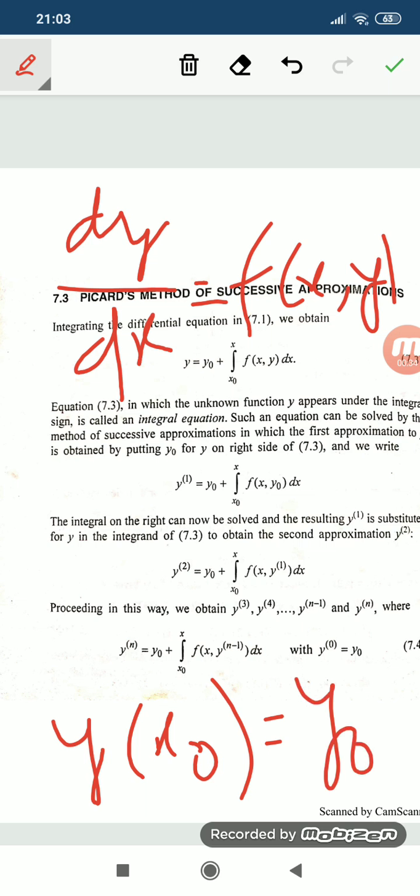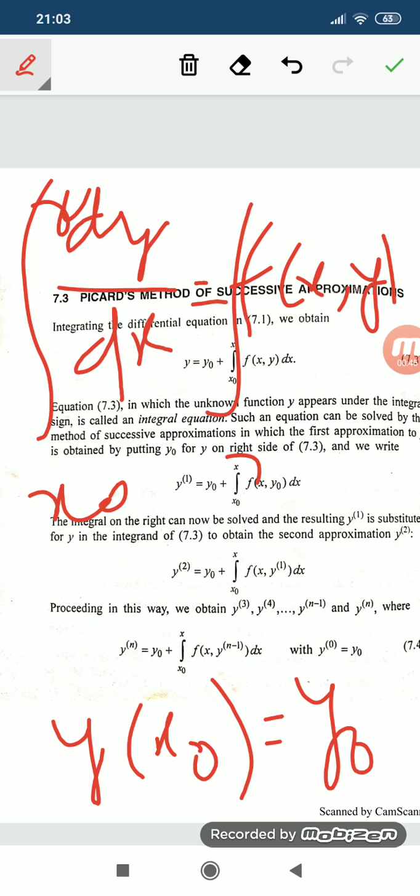Now to begin this process, we will first integrate both sides of this given differential equation from the given point x naught to any arbitrary value x, with respect to x.